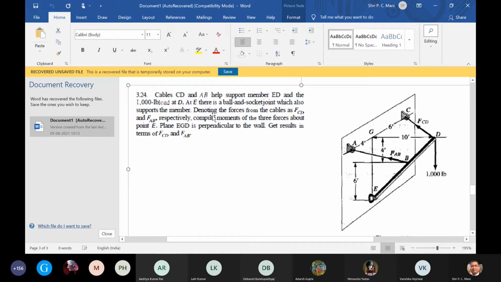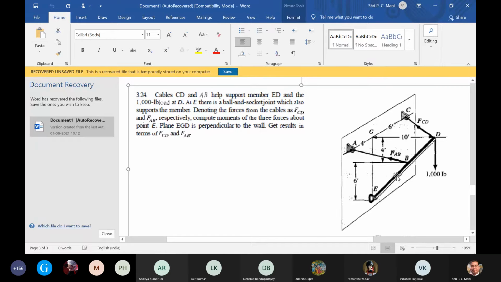denoting the force from the cable as FCD, this one, a force FCD and FAB respectively. Compute moments of the three forces about point E. About point E, you want the moment, okay?